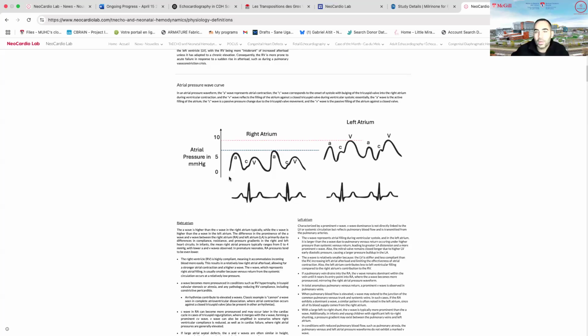We need to understand the different pressure loops of these different chambers and how they interact together, and how there's interaction between, for example, the right and left atrium, because our babies have shunts between the atriums, but they also share a wall that is mobile, which will also influence these pressure curves.